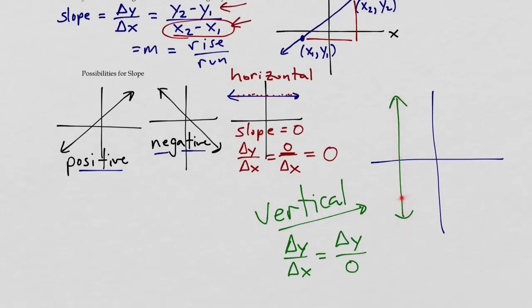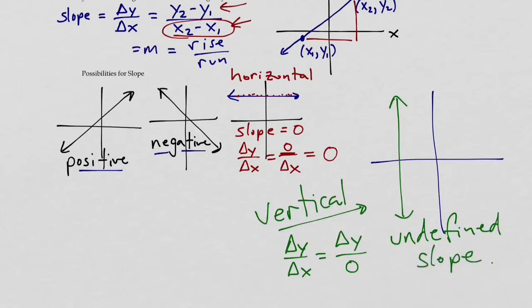So we can move up and down, we can change the vertical coordinate, the y-coordinate, but we never move left or right. We're always in that same spot. And so we end up with 0 in the denominator, which we can't make sense of. We can't come up with a number for that. So we have an undefined slope.